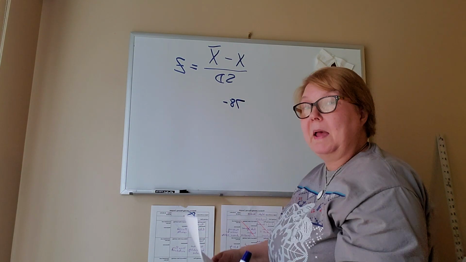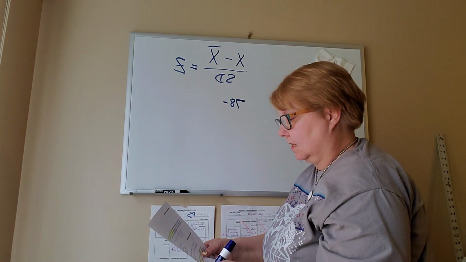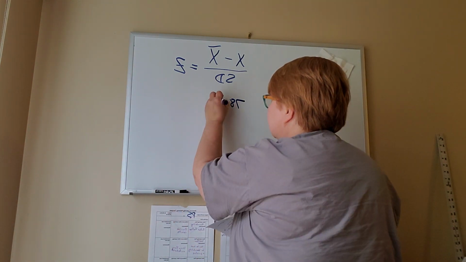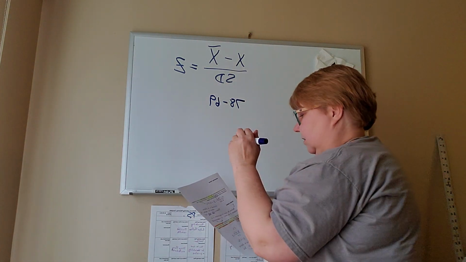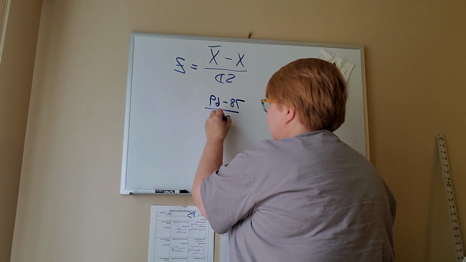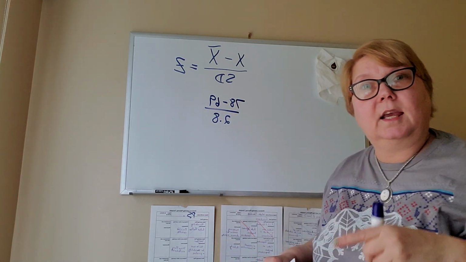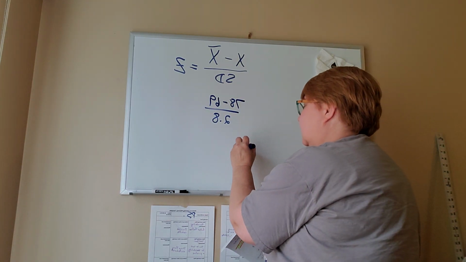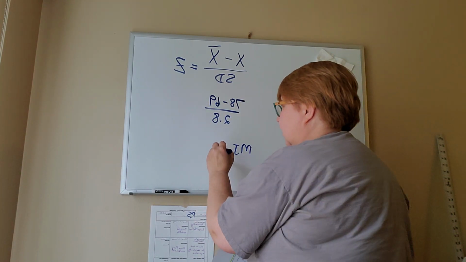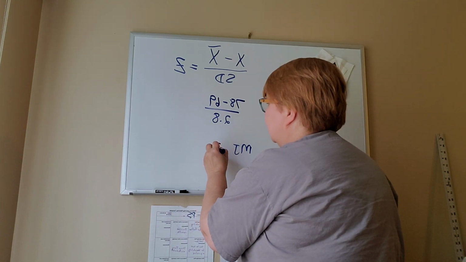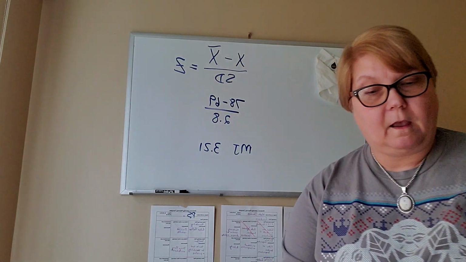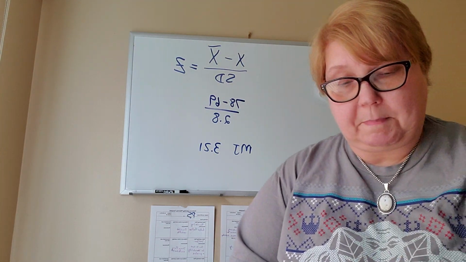And for men, the average height of males is 69 inches, and the standard deviation is 2.8. So when I calculate Michael Jordan's Z-score, it ends up being 3.21.